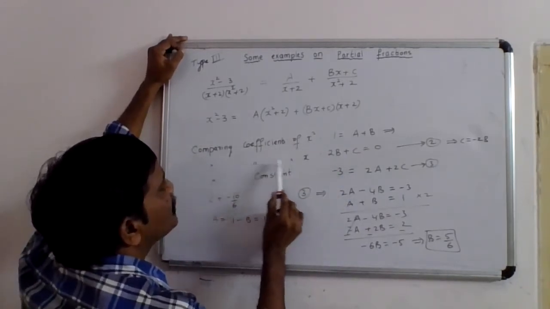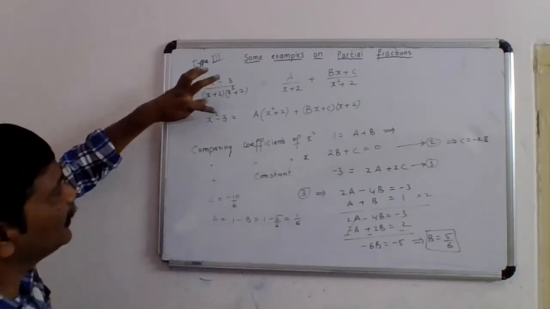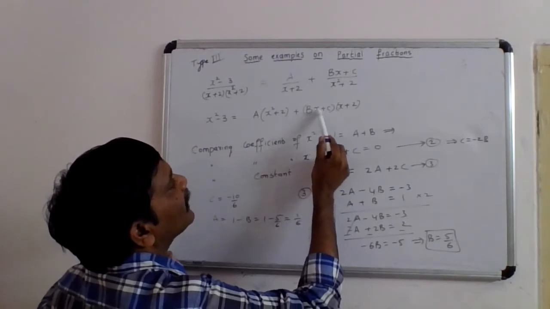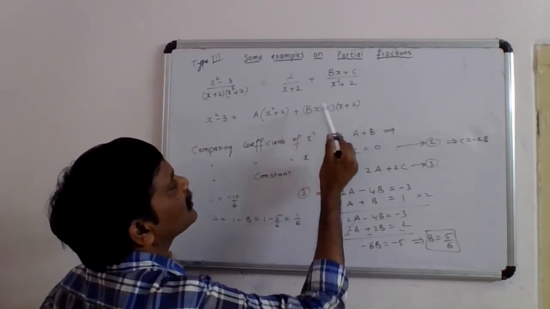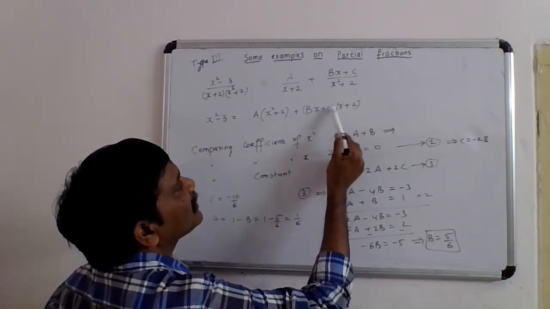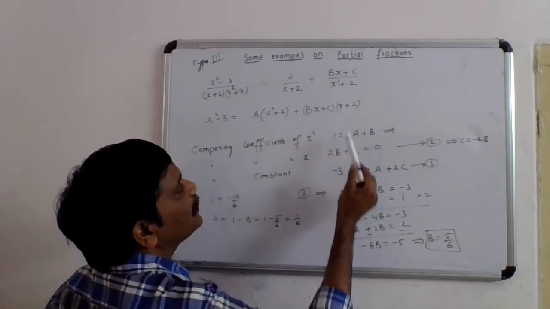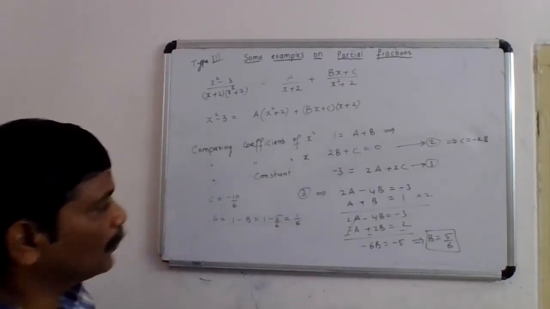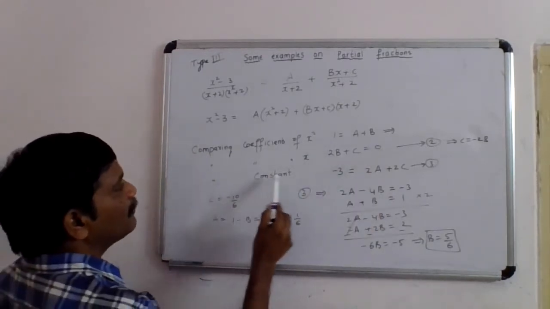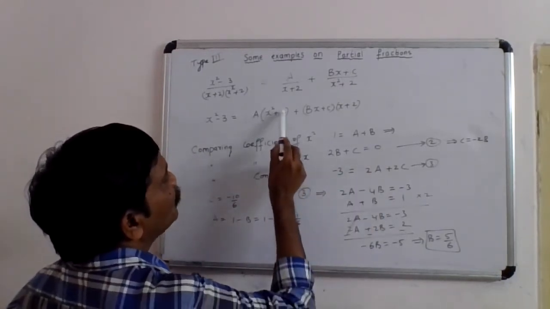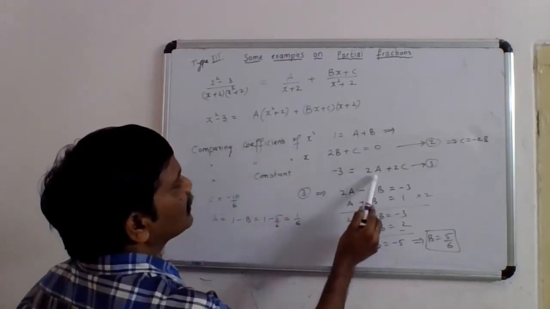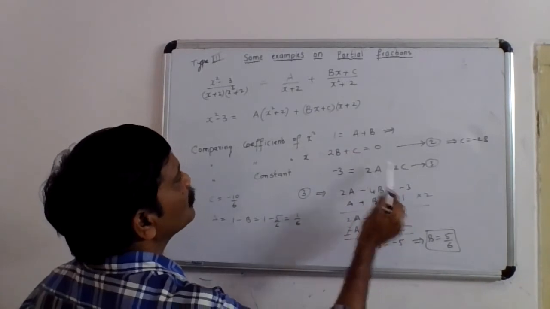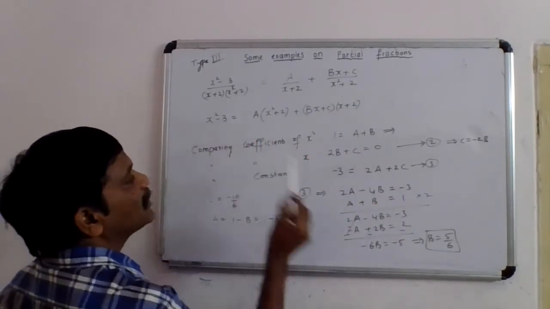Now comparing coefficients of x on both sides, this side no x and this side bx into 2 means 2b is x coefficient, c into x is cx, that is c is x coefficient again, plus c is equal to this side no x coefficient, so it is 0. And if you compare constants on both sides, 2a is a constant and c into 2 is 2c is a constant, so 2a plus 2c. This side constant part is minus 3.